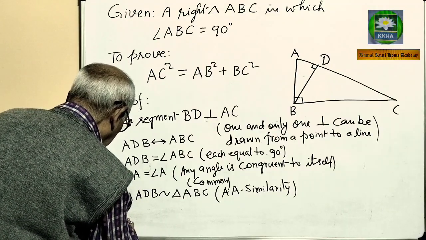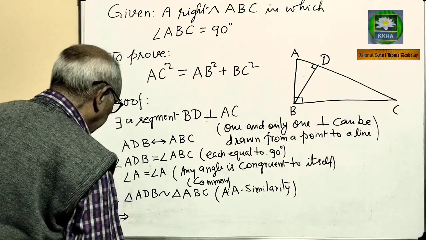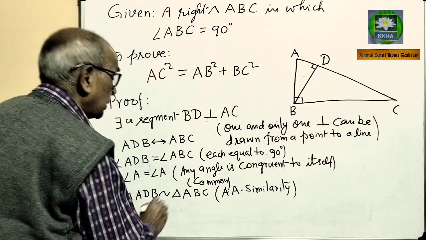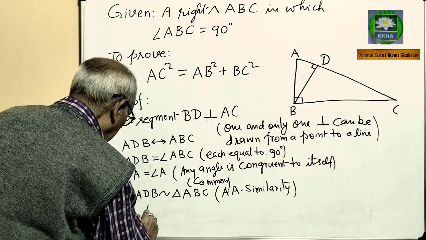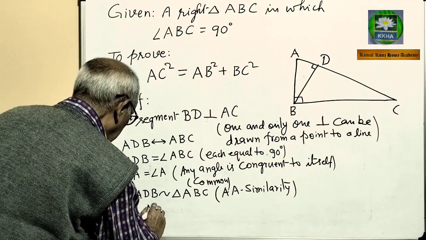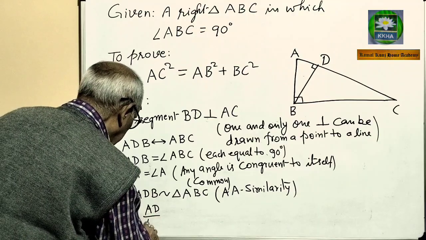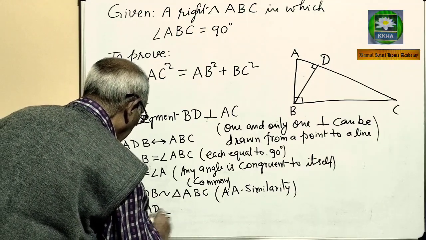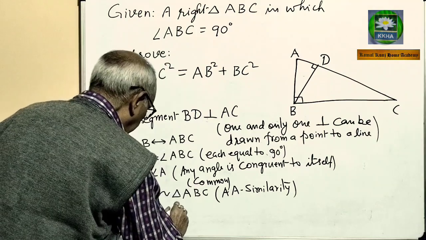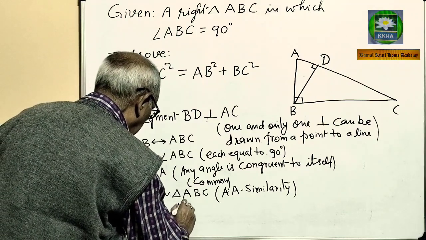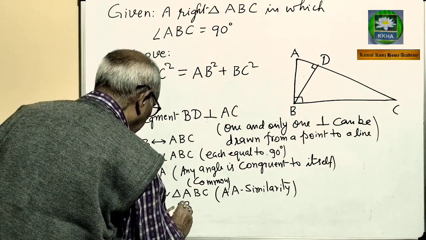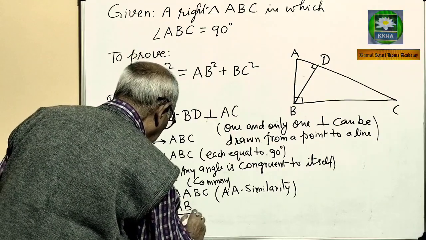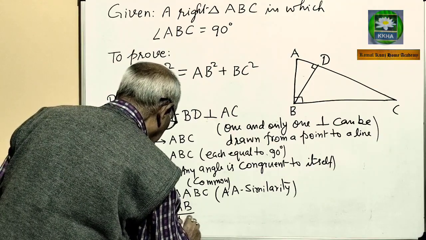This implies that AD upon AB is equal to AB upon AC.